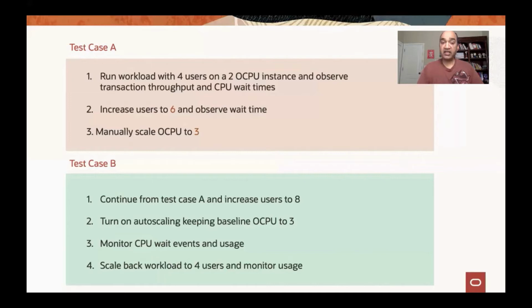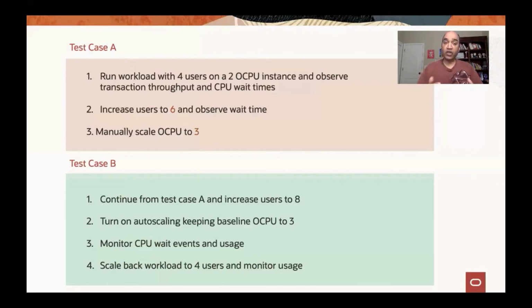Our baseline stays at 3, we turn on autoscaling, and then we monitor the CPU wait events and look at how much capacity then becomes available to the database. How far can I take my workload? And then what happens when I scale down? That will give us clear ideas about what happens under the covers, how Resource Manager allocates CPU resources to active sessions.